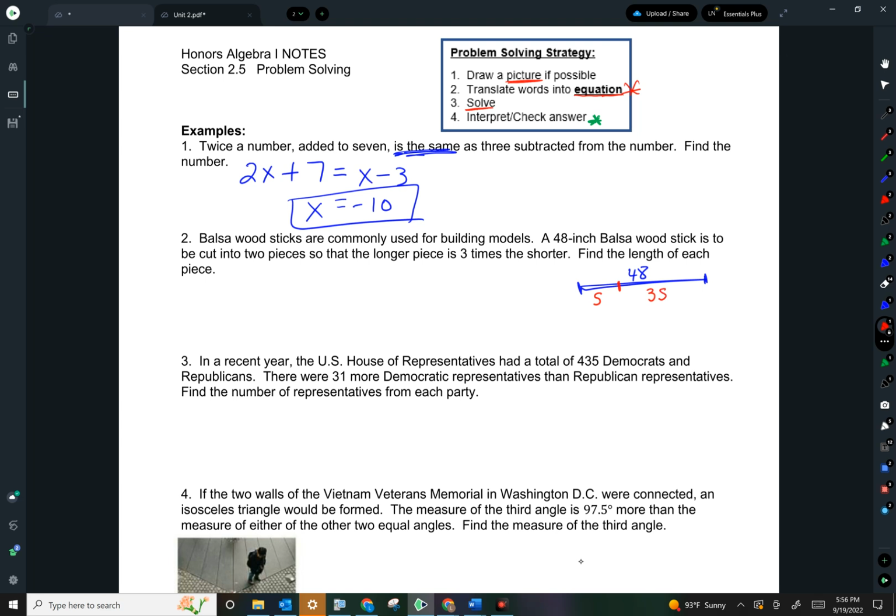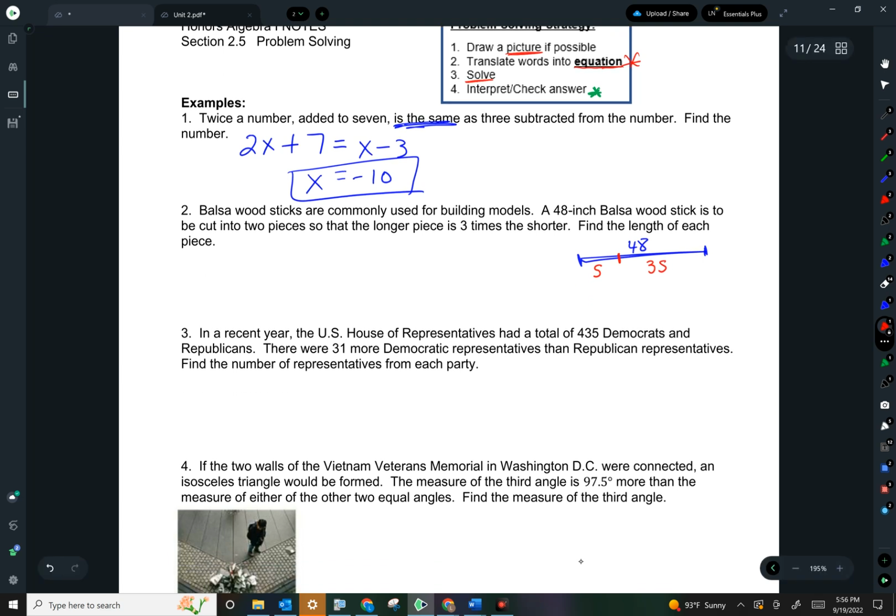Find the length of each piece. So I need to solve for S. Based on my picture, do you see an equation? Doesn't it seem like if I add the 2 pieces together, the first piece, which is S, plus the second piece, which is 3S, the total is supposed to be 48?